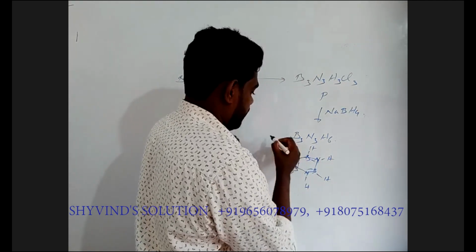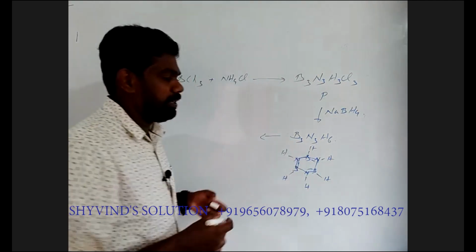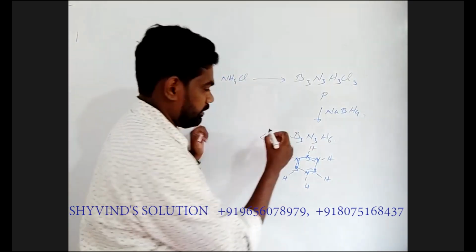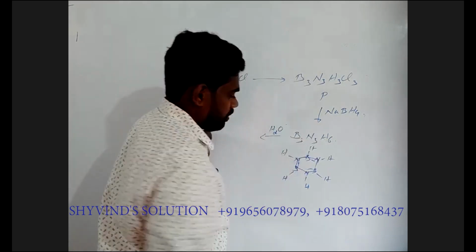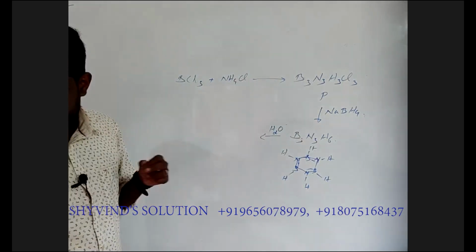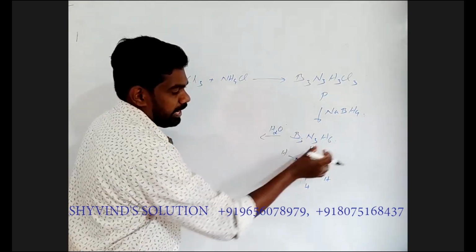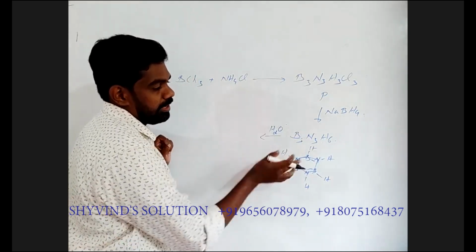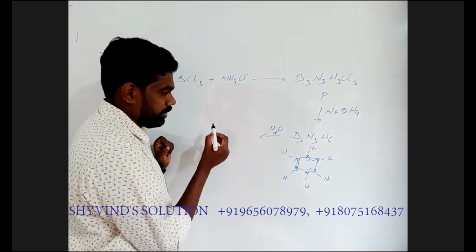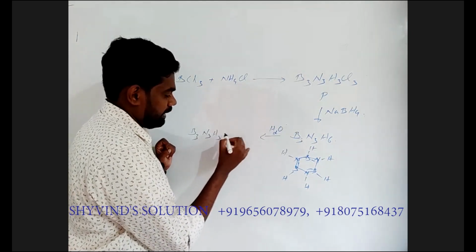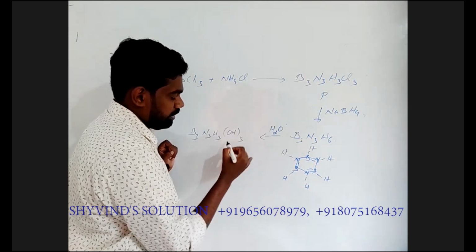This is borazine. If we treat B3N3H6 with water, what we will get is, the 3 hydrogens on boron are replaced by OH. So we will get B3N3H3(OH)3.